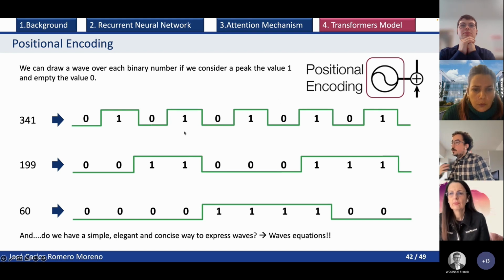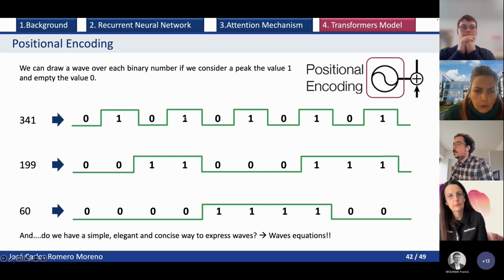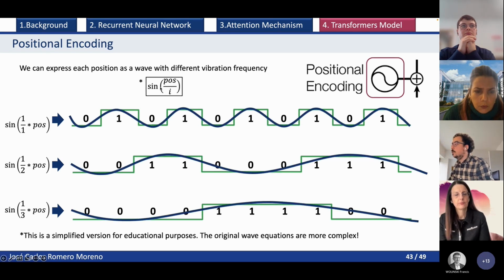And we know from science, from physics, that we have a way to express waves. We start with the wave equations. You may have some background in this from high school or some science class; we used to study these at least to know that they exist. Basically, we can express a wave with an equation, with a sine or cosine equation.